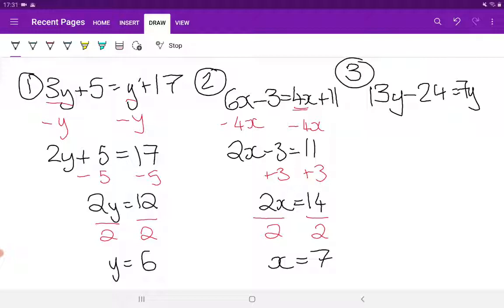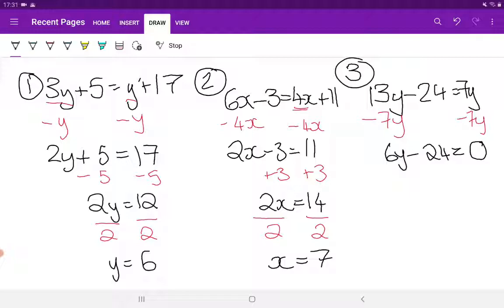Now the smaller y here is the 7y. So if we take that 7y away from both sides, which is what we would normally do, we would get 6y minus 24 equals, now we just had the letter on the side, we didn't have a number, so 7y take away 7y gives me 0.